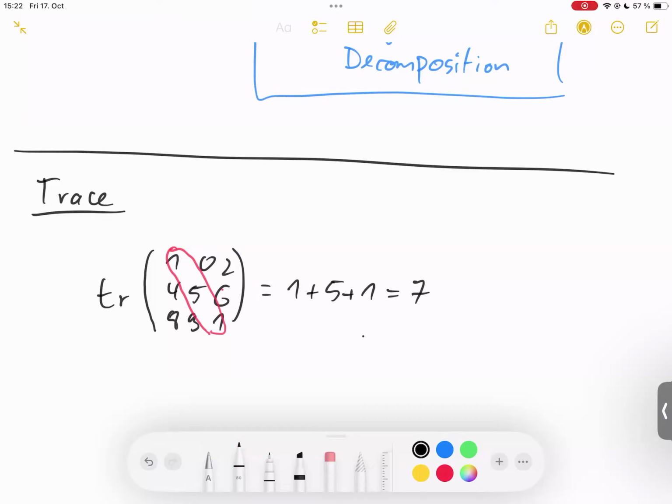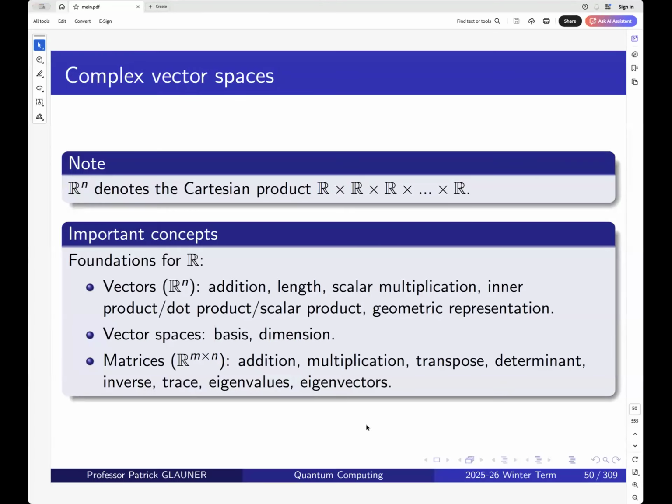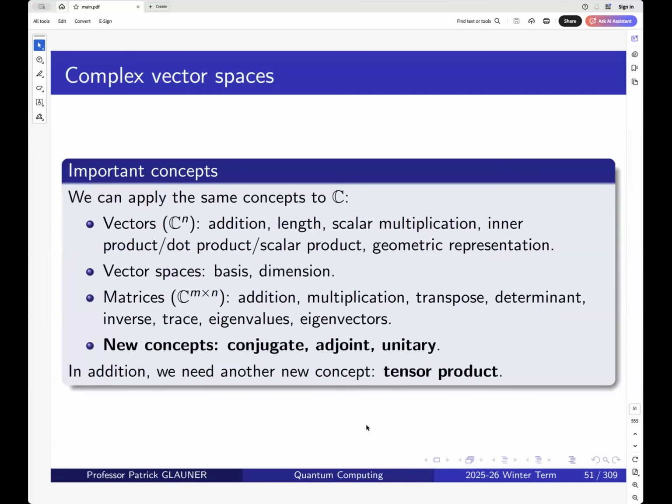So this was just a very quick revision of vector spaces. And now we will actually start with something quite exciting. Because we have now done all of this for real numbers, and it turns out you can do all of this for complex numbers as well.